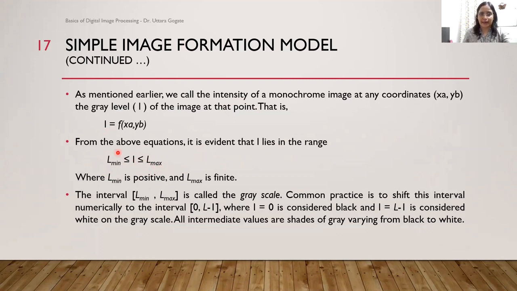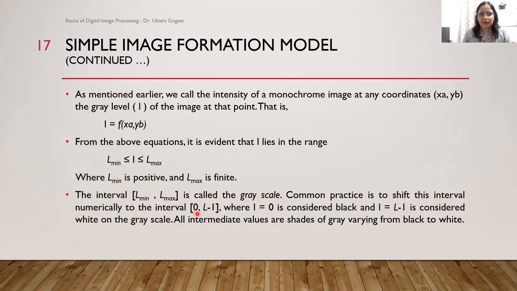That means our l at this x_a, y_b lies in these two boundaries, the minimum gray level and the maximum gray level. Again, these gray levels are positive and finite values. They are always positive. There is no negative gray level. And this interval, L min to L max, is called the grayscale or the dynamic range of grayscale.